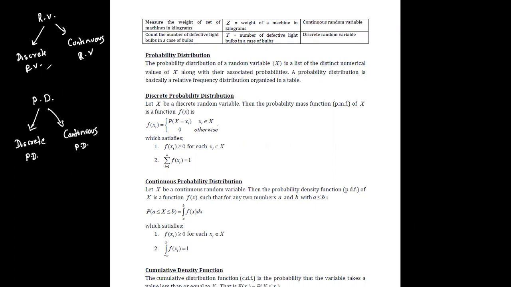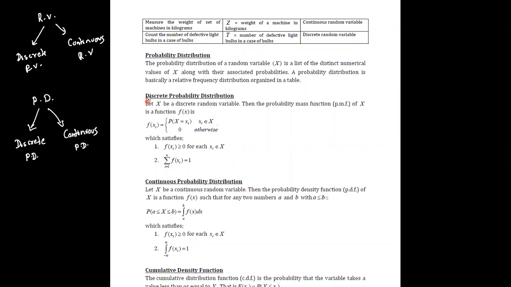If x is a discrete random variable, then we will get a discrete probability distribution for that random variable. If x is a continuous random variable, then we will get a continuous probability distribution for that random variable.